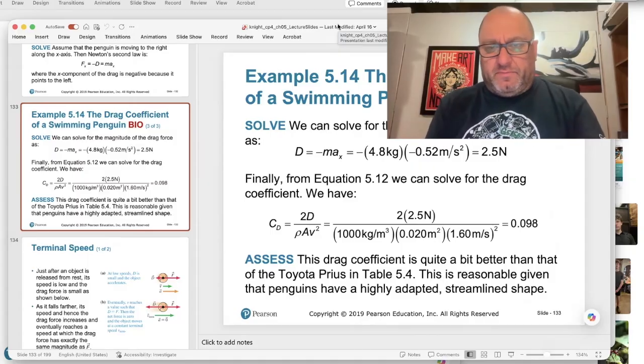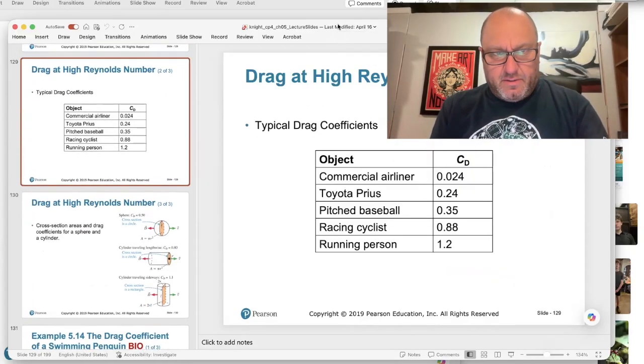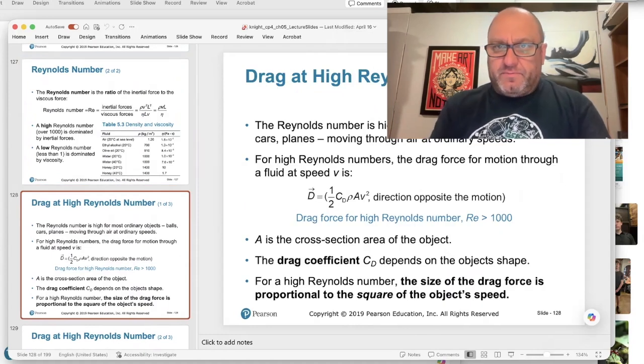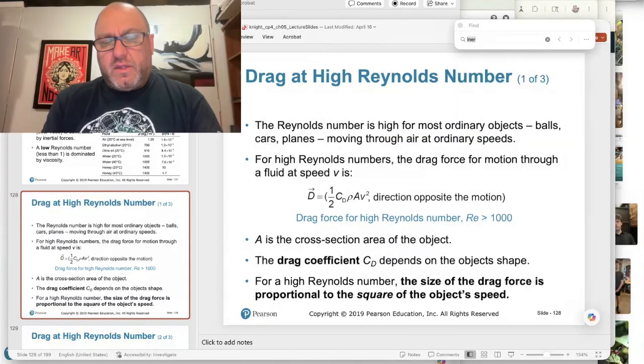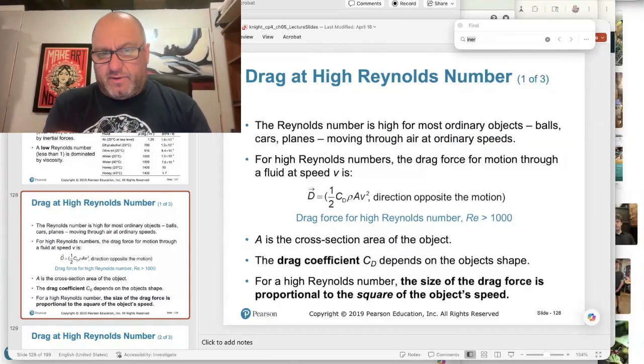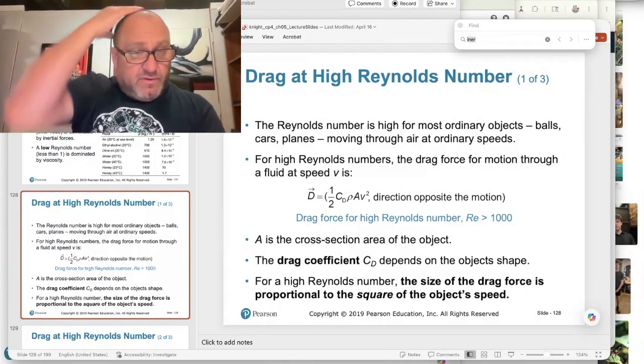Now let's talk about that real quick. The important thing that you need to know is what the force of drag is. We're not going to worry so much about the Reynolds number, but the force of drag is an important force.